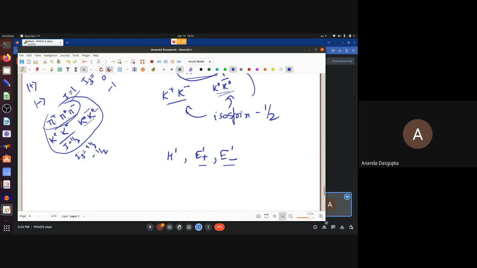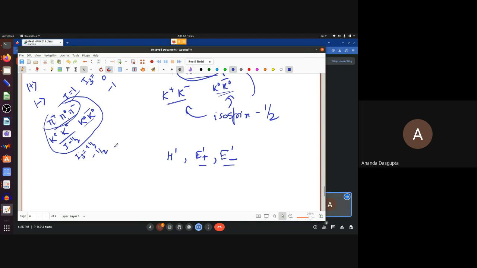Why won't I be able to say that? Yes? Any idea? Even if you haven't had an elementary particle physics course before this, from what I've said already, you should be able to tell me why I can't think of them as 7 states in the same isospin multiplet.